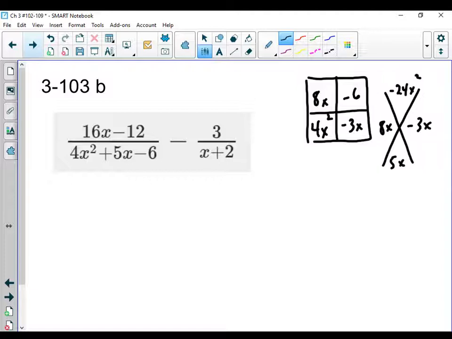So as we start factoring, 4x squared and -3x, they both have an x in common, which means I have a 4x here. X times -3 gives me the -3x, and 4x times 2 gives me the 8x. -3 times 2 is -6, so it works out. So another way to write this denominator would be 4x minus 3 and x plus 2.